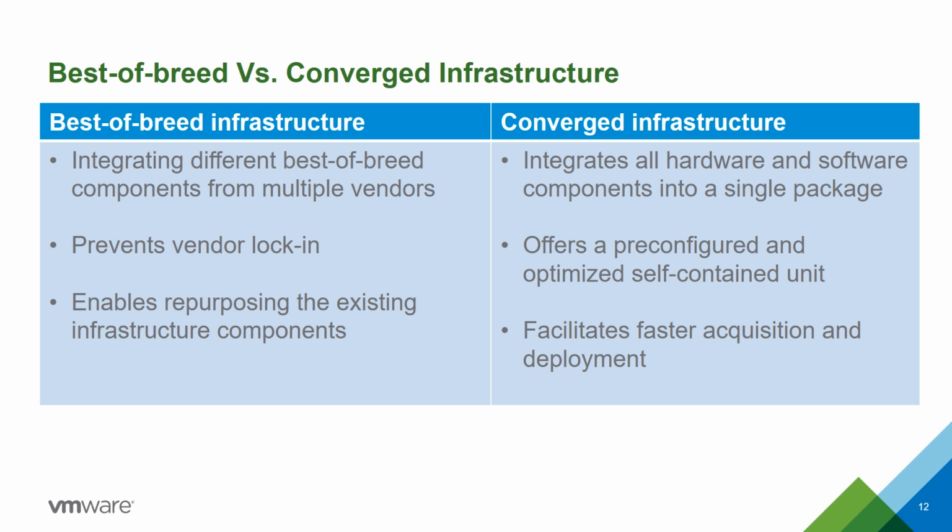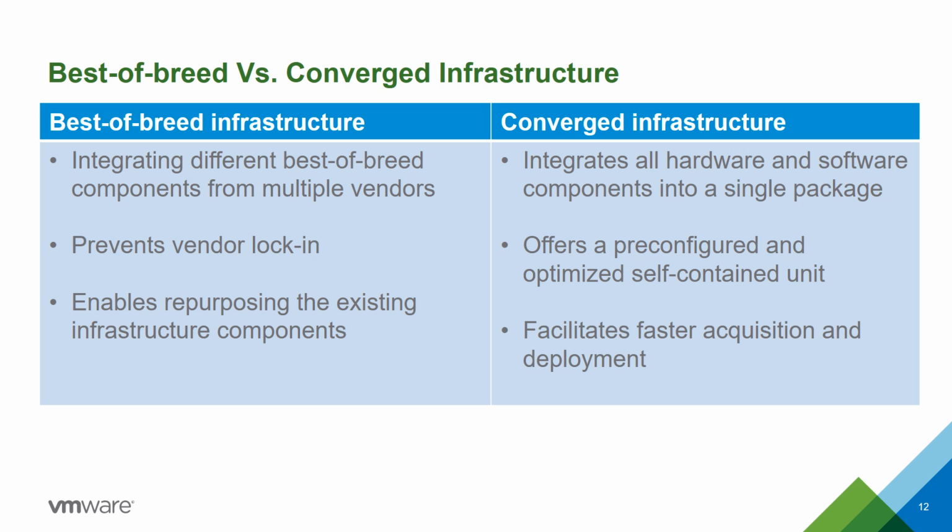There's always a vendor lock-in when it comes to converged infrastructure. But otherwise, converged infrastructure will always offer you a pre-configured and optimized self-contained unit. So you don't have to worry about procuring and deploying and wasting a lot of time in configuring all these things, because they come as a pre-configured and optimized, self-contained single unit.